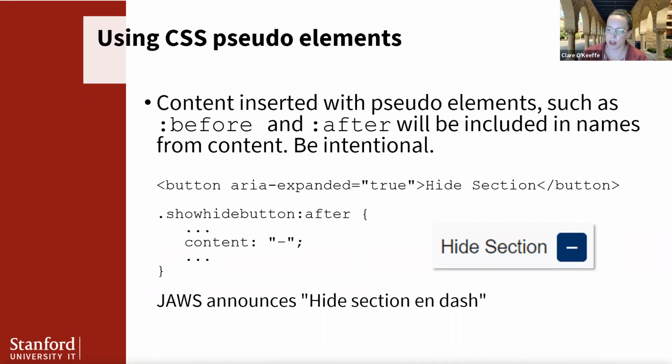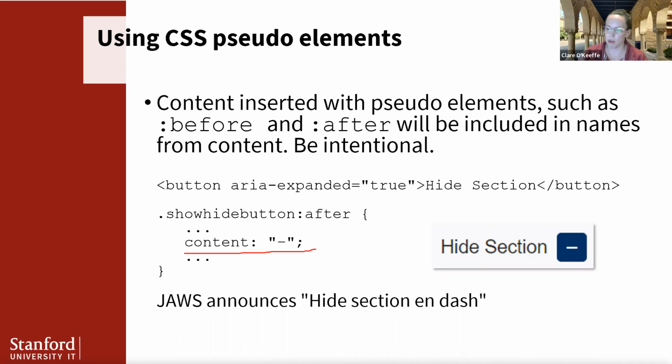That dash was inserted through CSS, through the content property. And when I tested it with the JAWS screen reader, it announces as hide section and dash, which is probably not the behavior that people were going for when they created this.